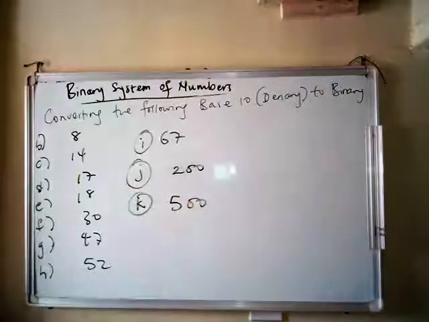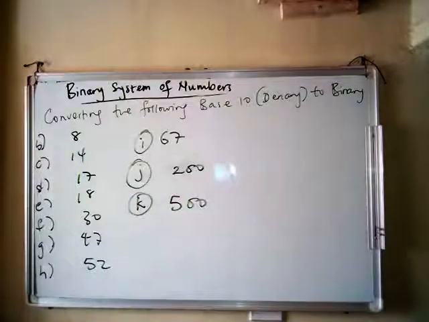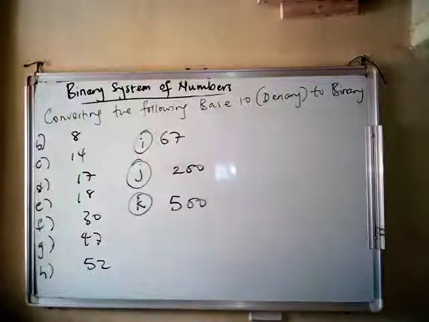So you have 200, and your K you have 500. Or you have to convert to base 10.